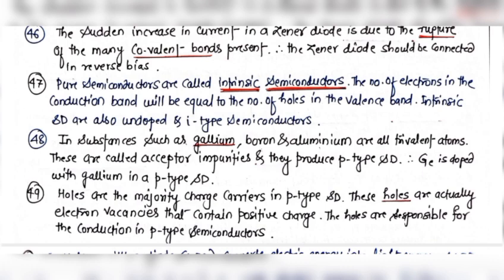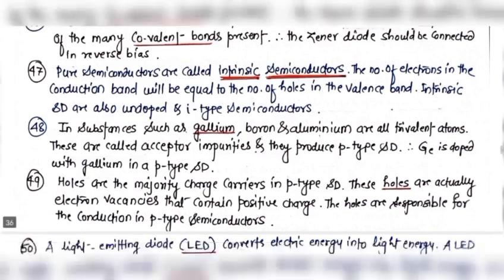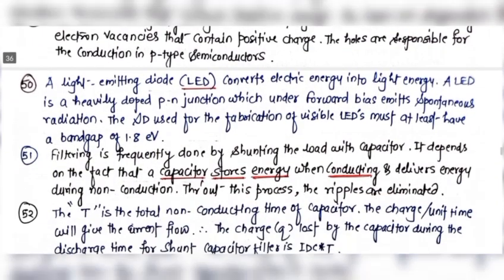Holes are the majority charge carriers in a p-type semiconductor diode. These holes are actually electron vacancies that contain positive charge. The holes are responsible for the conduction in p-type semiconductors.